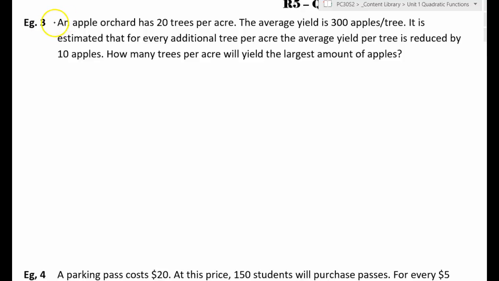For this example, we're going to set it up a little bit differently because sometimes these kinds of ideas are a little bit harder to wrap our heads around. So looking at this one, an apple orchard has 20 trees per acre. Okay, so we can say 20 trees per acre.